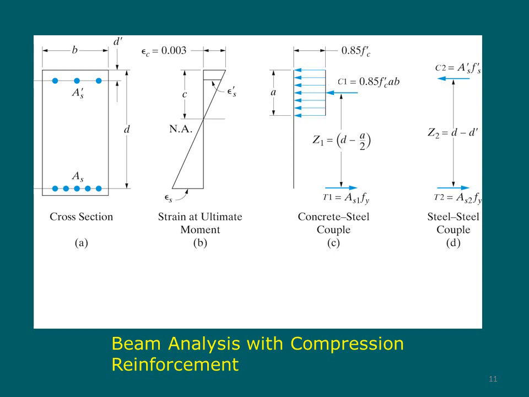And the total As, I'm going to split into two cross-sectional areas, As1 and As2. You simply can say As is equal to As1 plus As2. Why are we doing this? The reason is that we'd like to simplify the problem. Now T1 is going to be equal to C1 and T2 is going to be equal to C2.